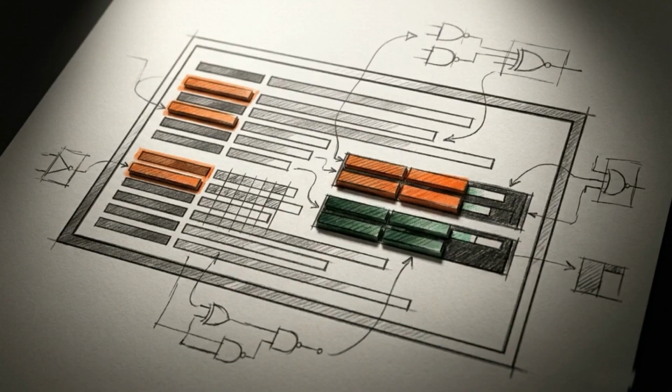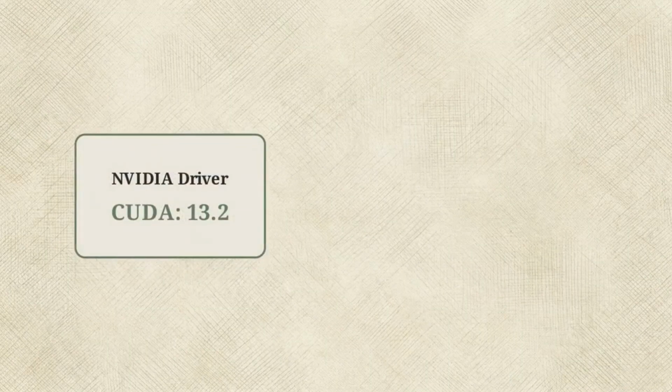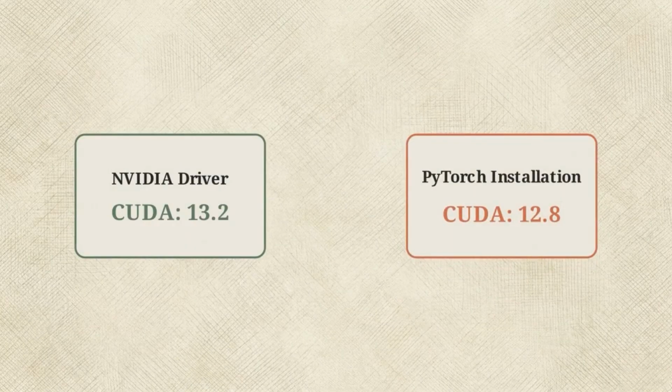Open your Anaconda prompt and type NVIDIA-SMI. This terminal readout clearly displays your hardware's current status, including your driver version and your CUDA version. You might notice the CUDA version listed here is something like 13.2, but the PyTorch command says 12.8.